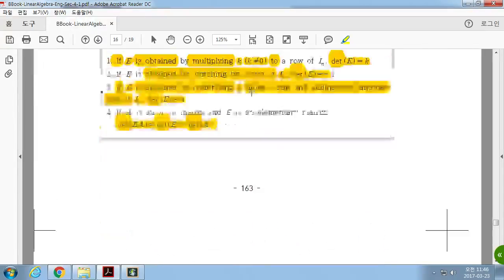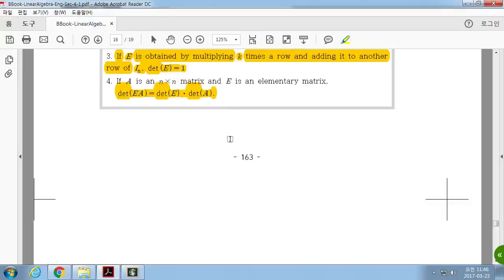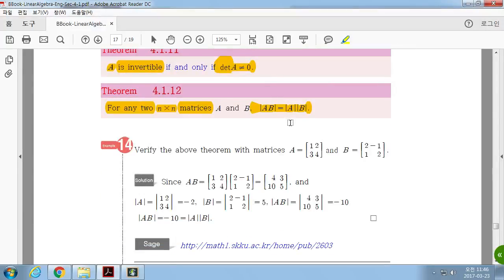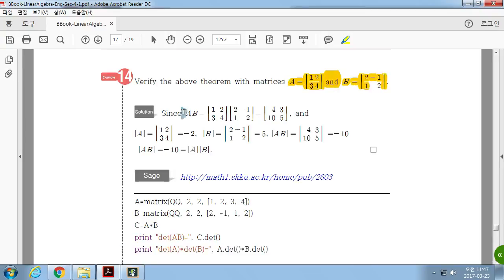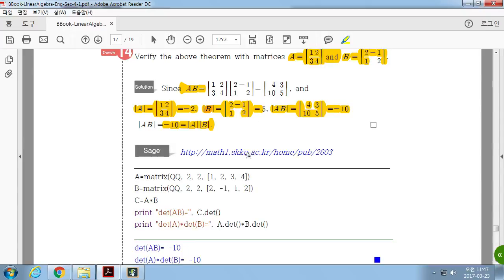This comes from this, actually, with the LU decomposition. Verify the above theorem for AB. So if you find AB, and the determinant of A and determinant of B are this, then the determinant of AB is -10, and determinant of A times determinant of B is also -10. It always works.